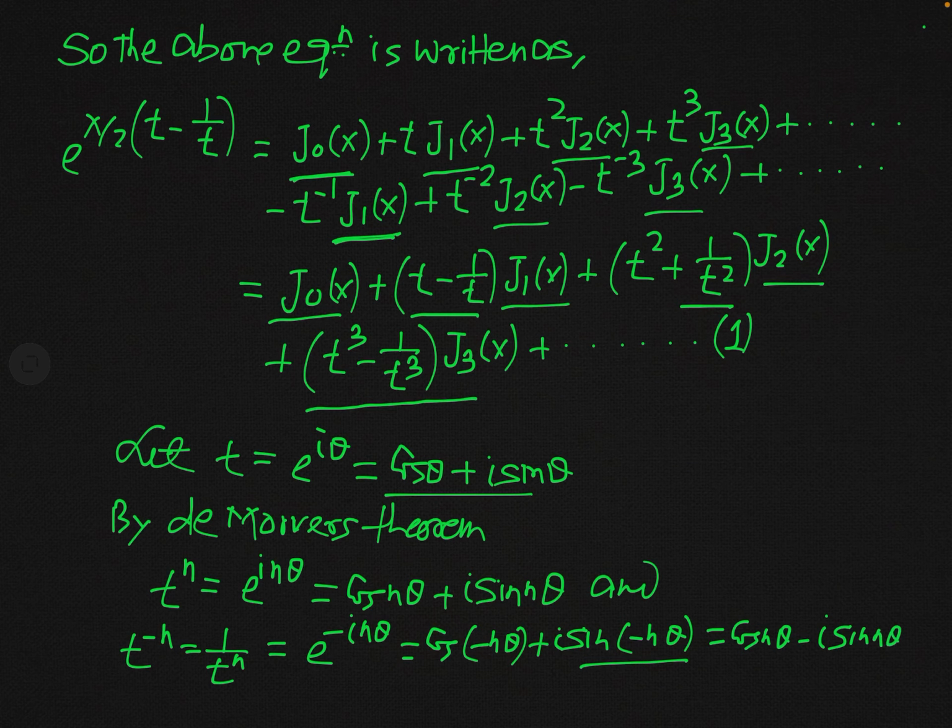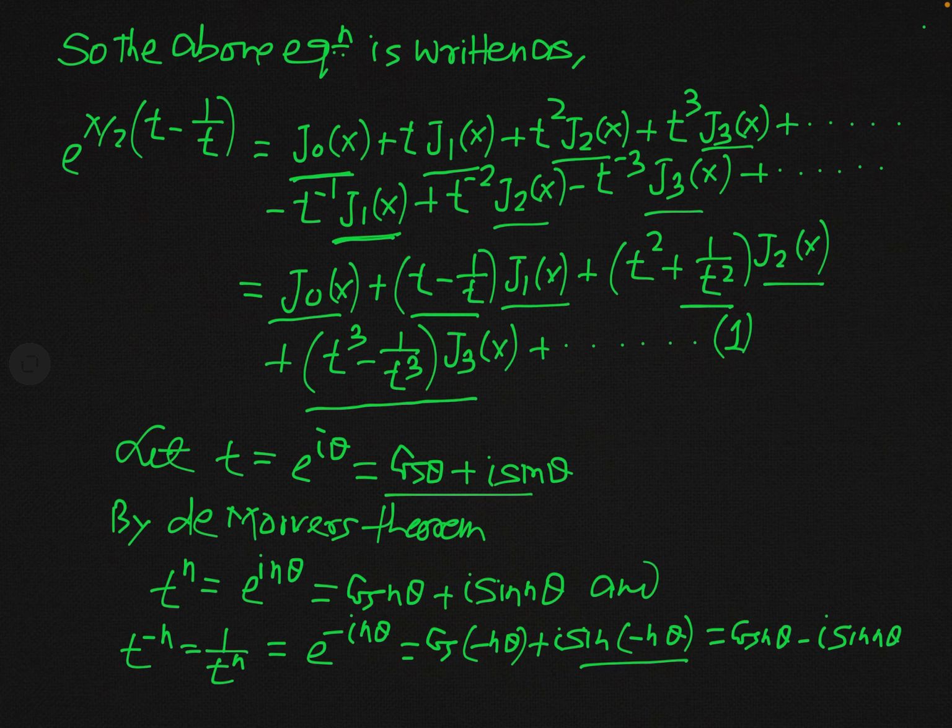Now as in equation 1, you can see there are terms containing t minus 1 over t, t cube minus 1 over t cube, and similarly other terms. And at the same time there are also terms like t square plus 1 over t square, t4 plus 1 over t4.